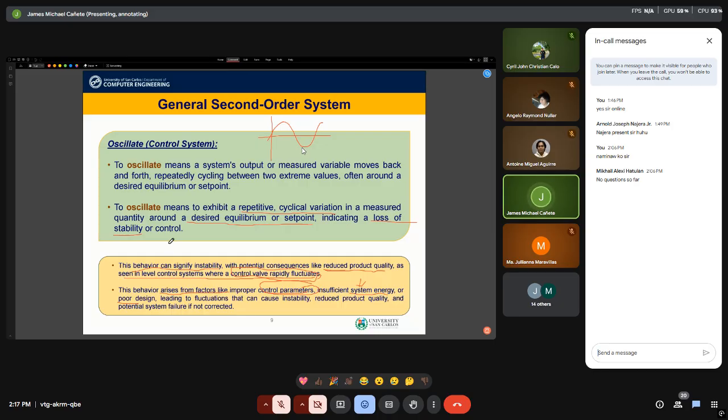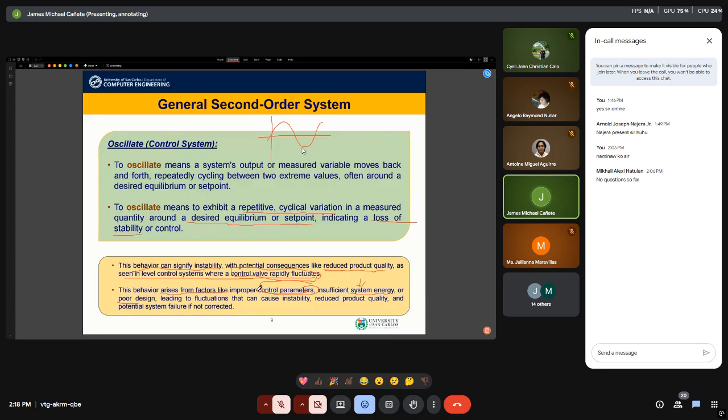Diba? The output of the system needs to be on, nasa positive, off, nasa negative. That means ang output dili siya consistent, and it could also lead to the destruction of the valve itself. So maguba imong valve. So the design of the control system must have stable output.